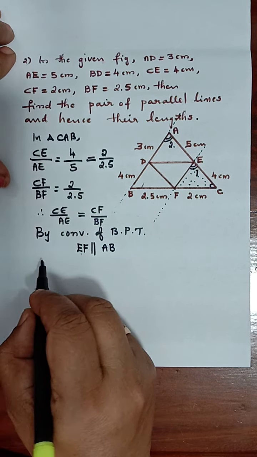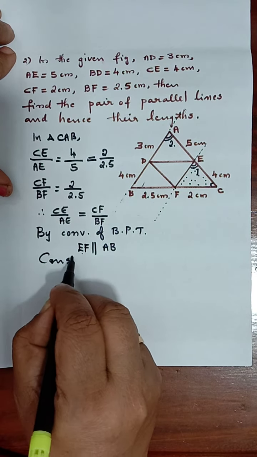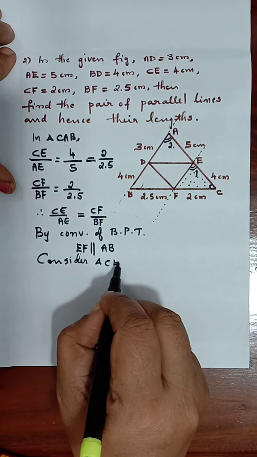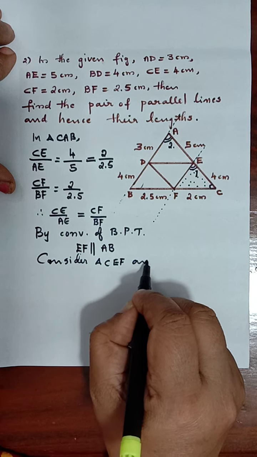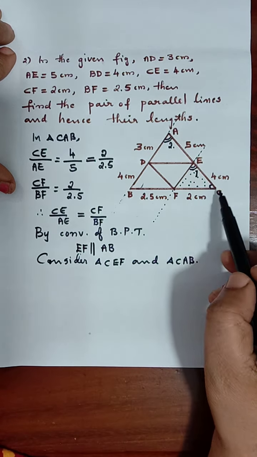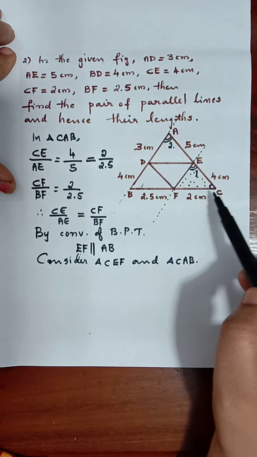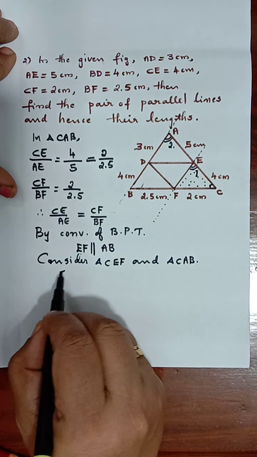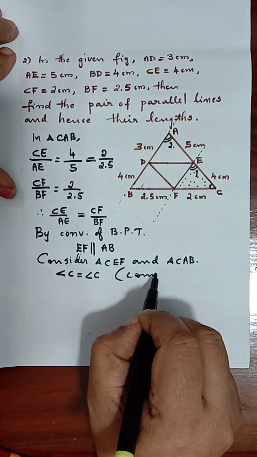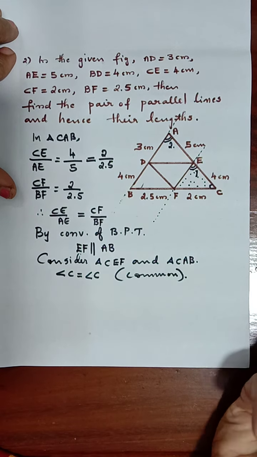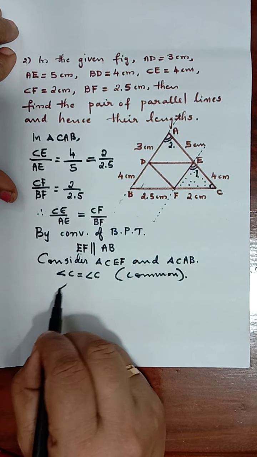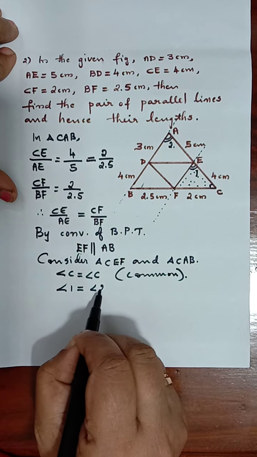Now we consider both triangles. First consider triangle CEF and triangle CAB. Angle C equals angle C, this is common for both. Next, angle 1 is equal to angle 2.